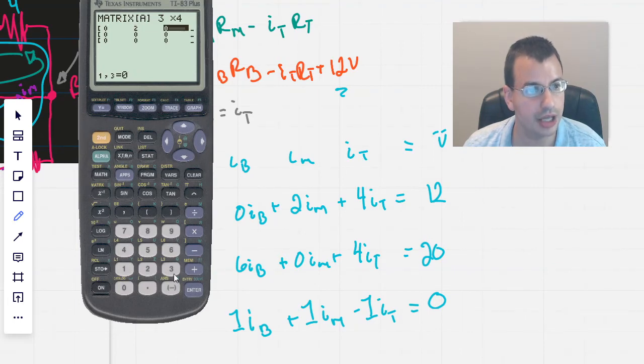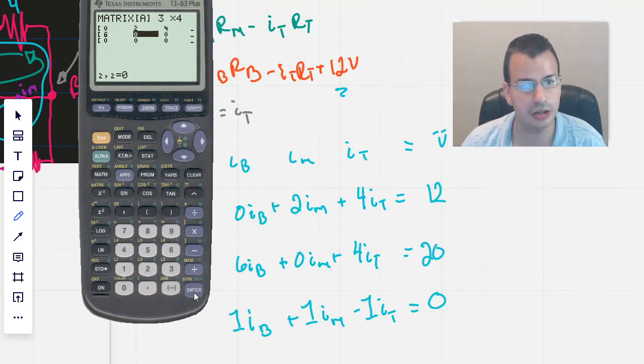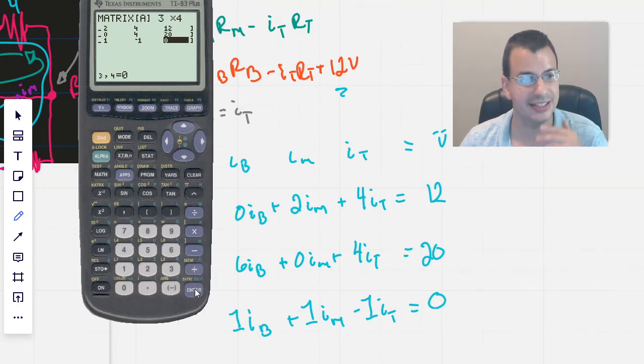So we enter 0, 2, 4, 12, then 6, 0, 4, 20, then 1, 1, -1, and 0.